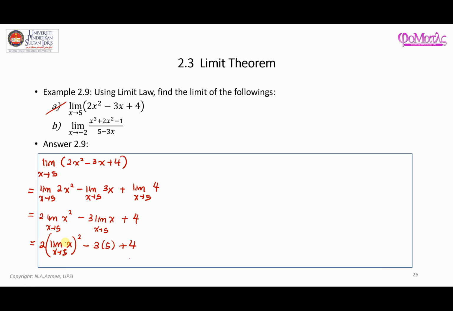So here again, based on rule number 7, this one is going to be equal to 5. So this one is 2 times 5 squared, now minus 15 plus 4, and this is equal to 2 times 25 is going to be 50 minus 11, and so the answer is going to be equal to 39.